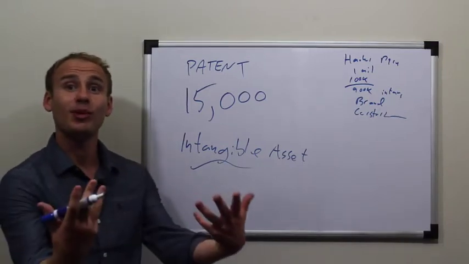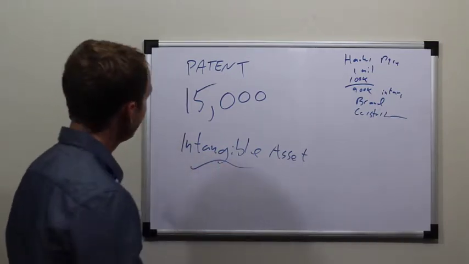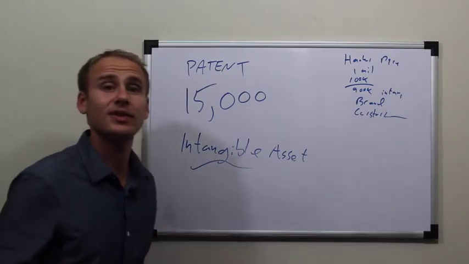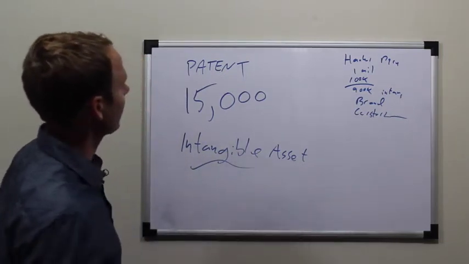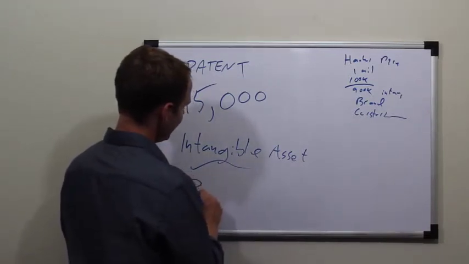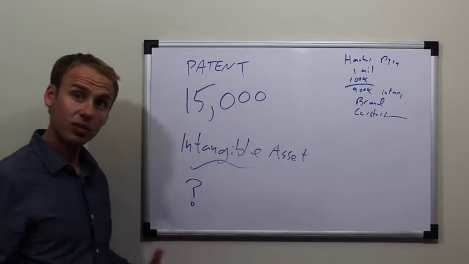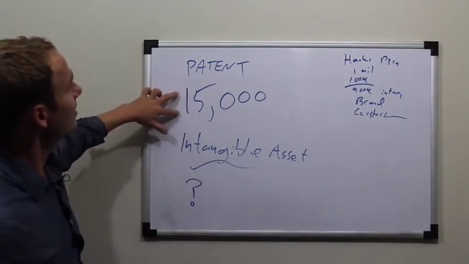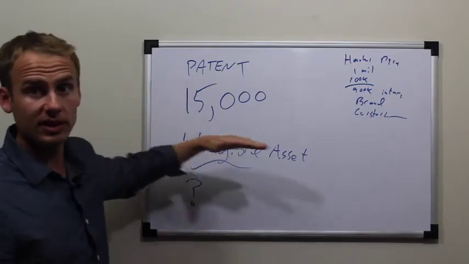It's not like we're all in the market to buy patents. Now, the patent makes it a little bit more straightforward. You buy this thing for $15,000, it's not just a straight write-off. So you have to guess or determine or really follow the rules as to how many years this is going to exist. How can we write this off over time?